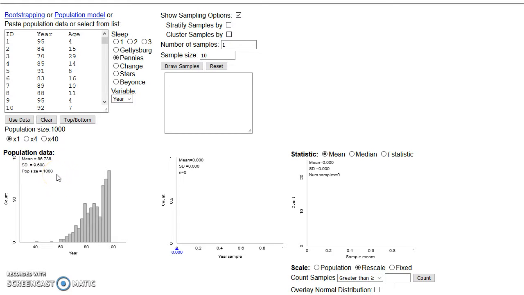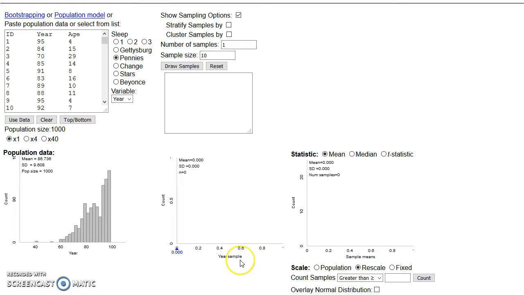So what we're going to be doing is building the sampling distribution from samples of a particular size. I'm going to start creating these graphs here that monitor the samples.